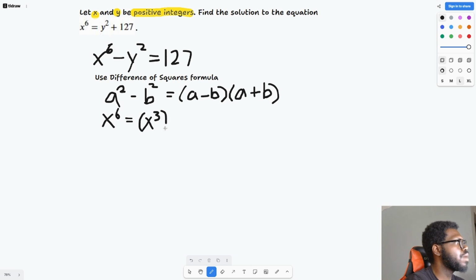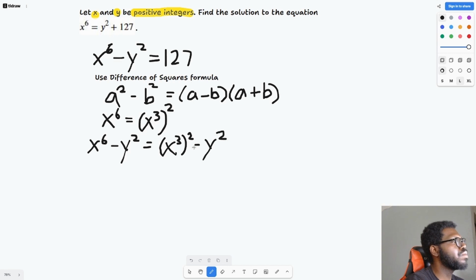You have x to the third power, and then this is to the second power, and this is equivalent to x to the sixth power, which means that x to the sixth minus y squared is equal to x to the third power squared minus y squared. So now that we've rewritten our left side of our equation as a difference of squares, we can apply the difference of squares formula in order to make some more progress here.